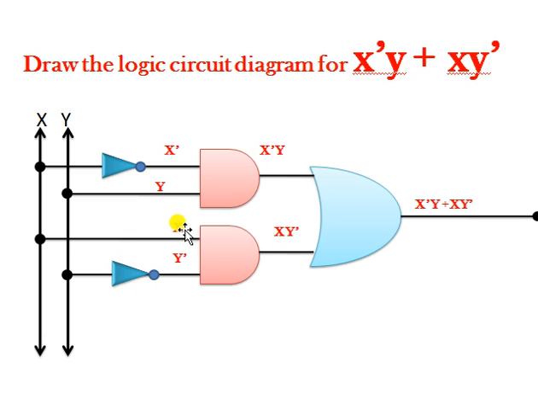Likewise here x and y, NOT gate on y gives y bar, AND gate gives x y bar. Then, because this is a plus symbol, we use an OR gate. So x bar y plus x y bar.